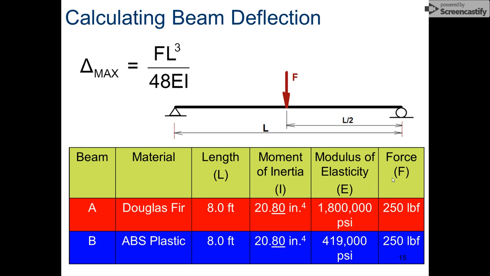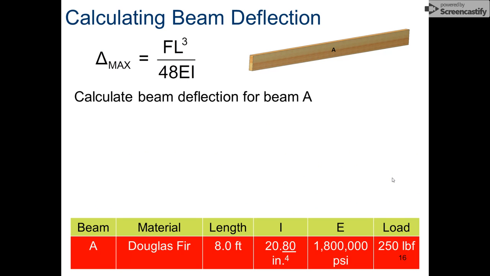Delta max is equal to the force times the length cubed divided by 48 times the modulus of elasticity times the moment of inertia. You're going to get formulas here, or you're going to get problems where you're going to have to do some formula manipulation where you'll have everything but the force or the modulus of elasticity, and you'll have to solve for that.